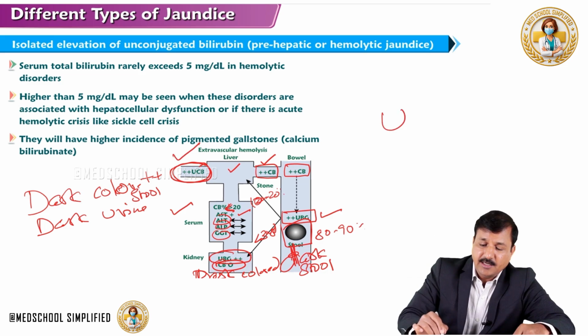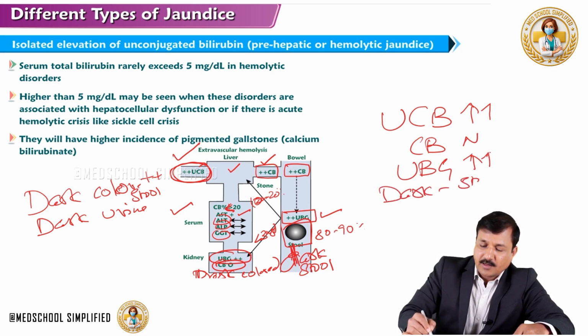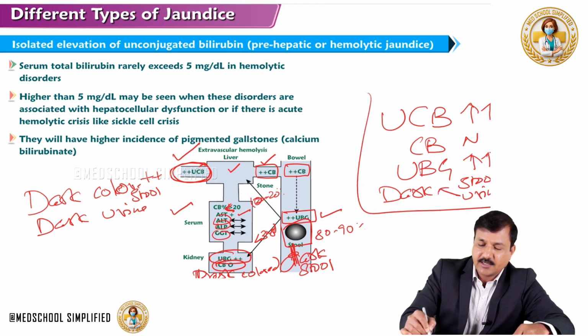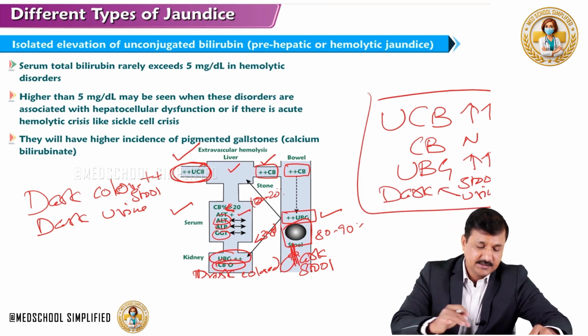So UCB is elevated in pre-hepatic jaundice, CB is normal. Urobilinogen in the urine is elevated, and stool is dark. So dark stool and dark urine. These are the findings that you see in pre-hepatic or hemolytic jaundice.